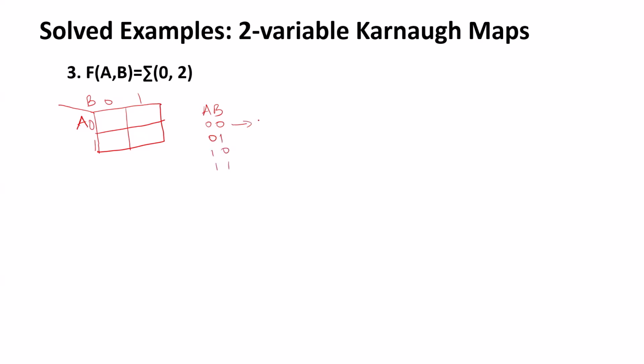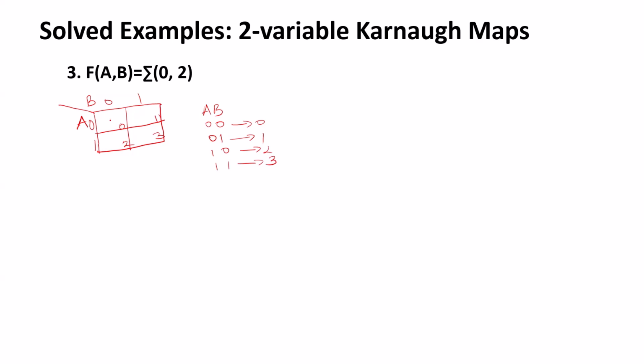This will take cell 0. This will take cell 1. This will take cell 2. And this will take the third cell. And the cells are labeled this way: 0, 1, 2, and 3. So in this case, where we have 0 and 2, in the canonical map, we put 1.